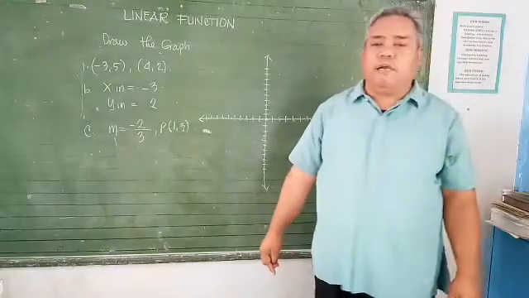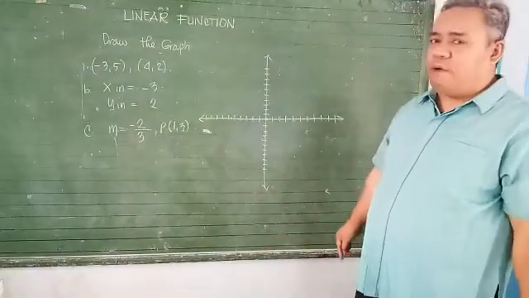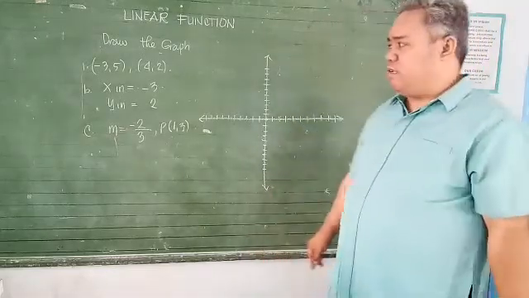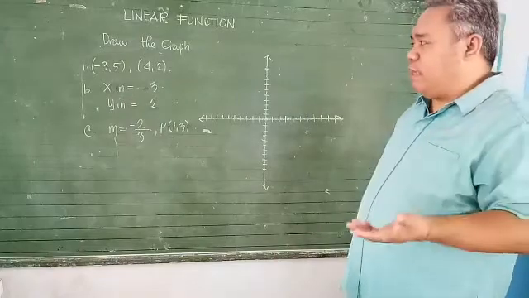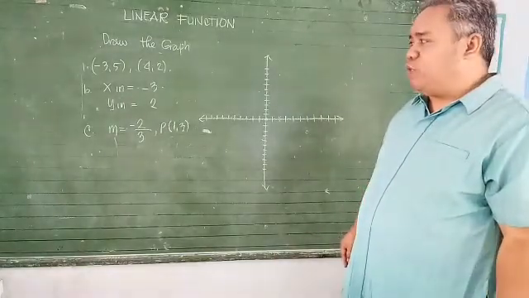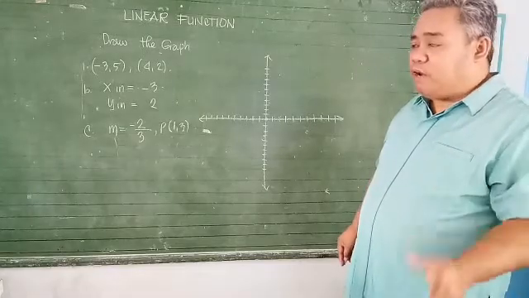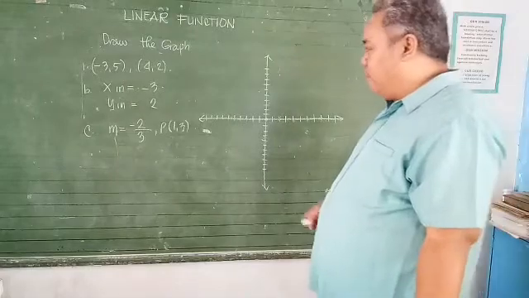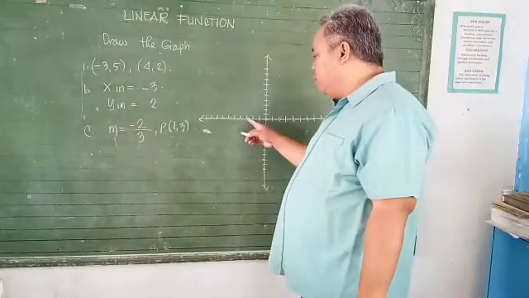Okay, let us go now to our next topic, which is how we are going to sketch or draw the graph of a linear equation. There are 2 or 3 ways. The first one is how to draw the graph using 2 points. So negative 3 and 5. Negative 3, so 1, 2, 3.